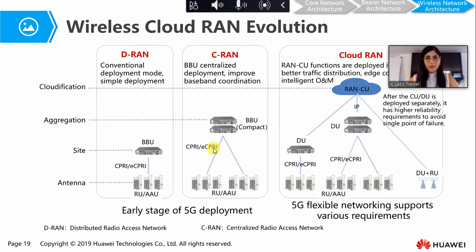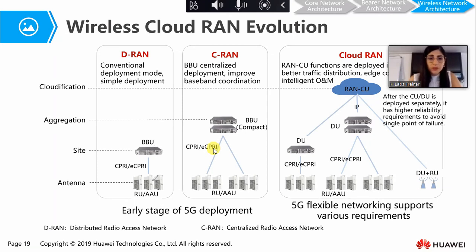So basically, we have, let's say, 3 RAN implementations. We have our distributed RAN. In the distributed RAN, our BBU, our baseband unit, is on the site together with the radio frequency unit.